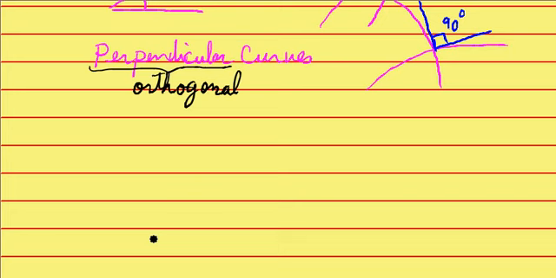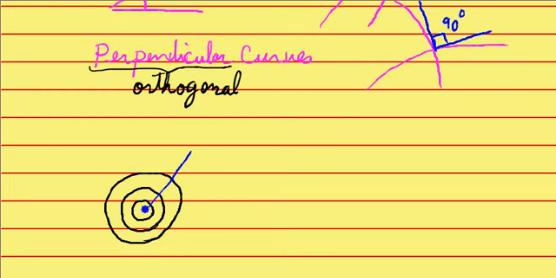The simplest such picture you see is a group of concentric circles like this, and the other family of curves will be just straight lines coming from the common center, and you see that they are all perpendicular to each other. So these circles, the black circles and the blue lines, are perpendicular to each other.